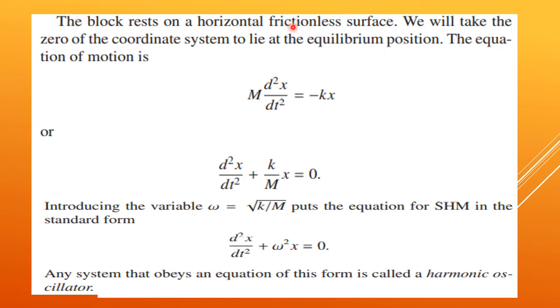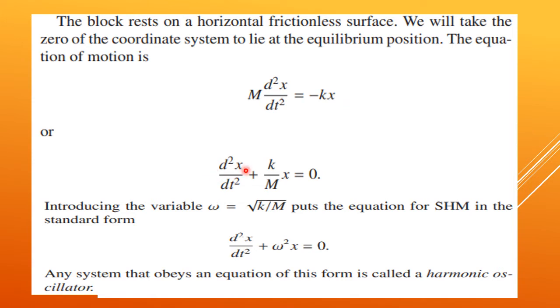Now the block rests on a horizontal frictionless surface. So we have the equation of motion as F = -k(x - x0). Take the x0 position as 0, so it lies at the origin of the coordinate system. So F is given by m d²x/dt² = -kx.